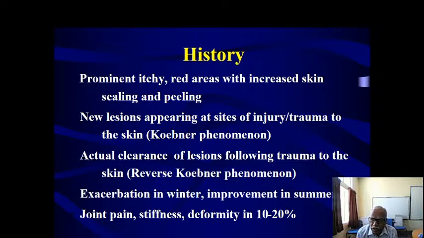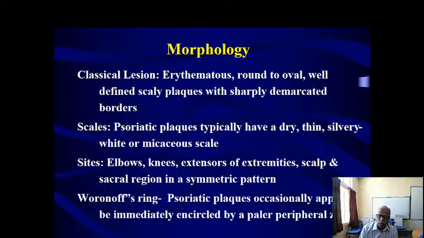And also since complications are there with the joint involvement, arthritis, the joint may be stiff or undergo deformity in about 15 to 20% of the psoriatic patients. If you see the lesions carefully, they are basically erythematous.